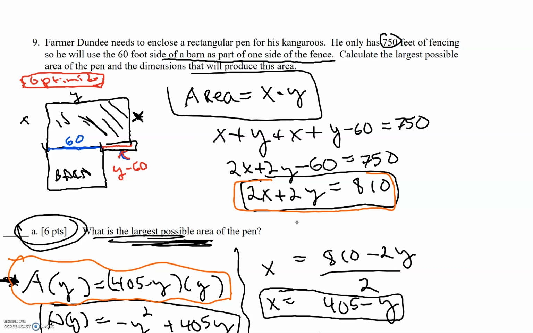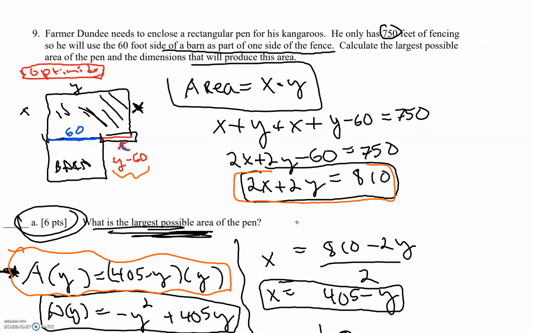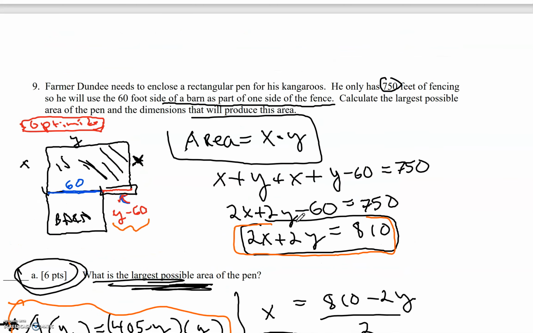And that's going to also tell you this little dimension here, that's 202.5 minus 60, whatever that is. Okay, so this problem is a standard optimization problem, but it did have this difficulty that came about by introducing that little portion.